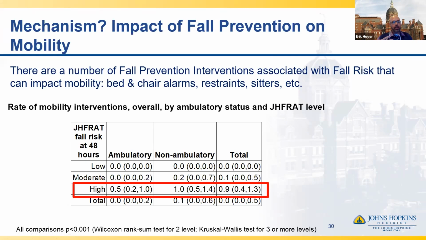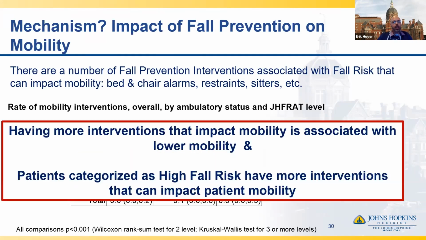So this could be a possible explanation about why patients are less ambulatory, and these differences were also statistically significant, and is something that we're currently working on writing up for publication. So in summary, having more interventions that impact mobility is associated with lower mobility. And patients categorized as high fall risk have more interventions that can impact patient mobility.